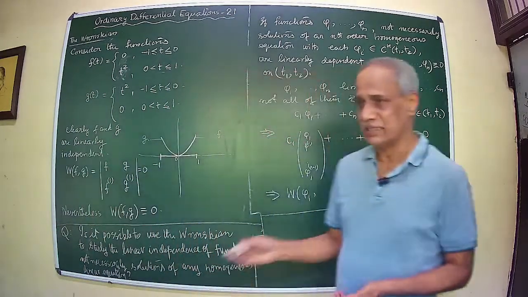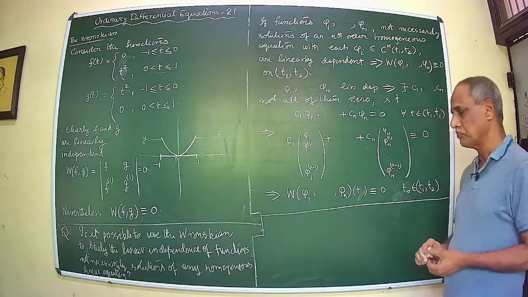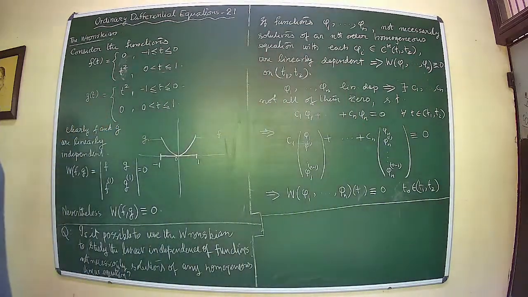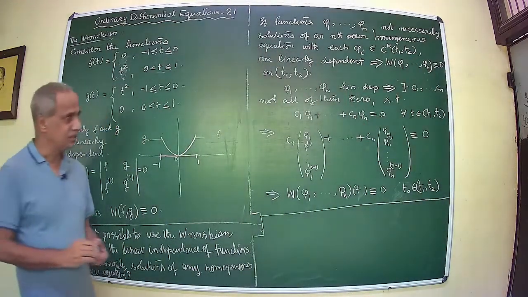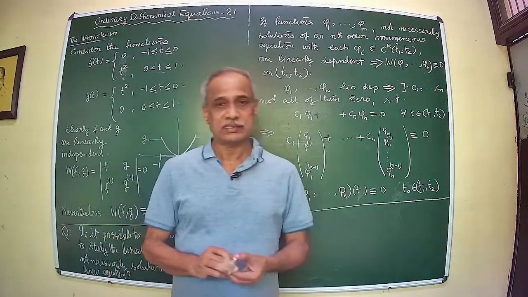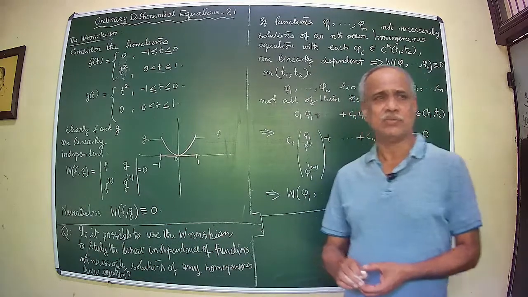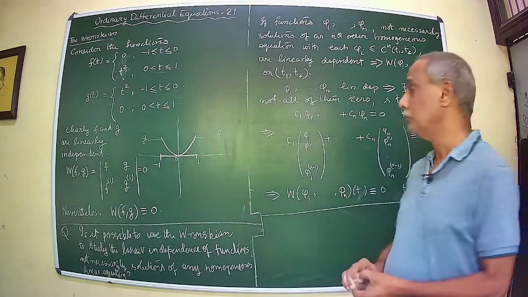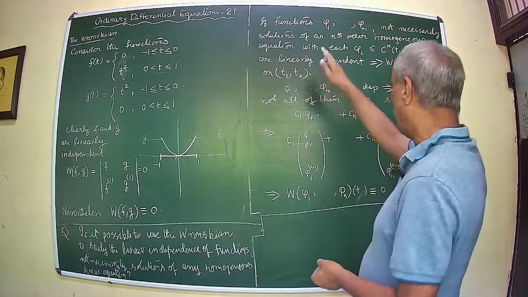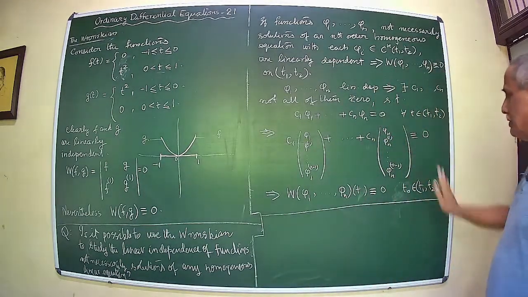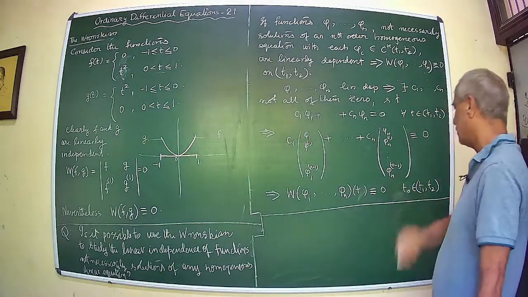So we can use this Wronskian quite powerfully once these functions are solutions of the equation. Otherwise, how far can you go? Only one inference that you can make. What is the other inference that you can make?